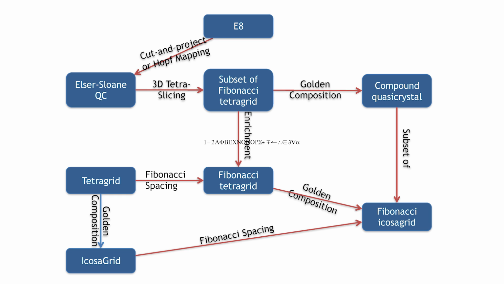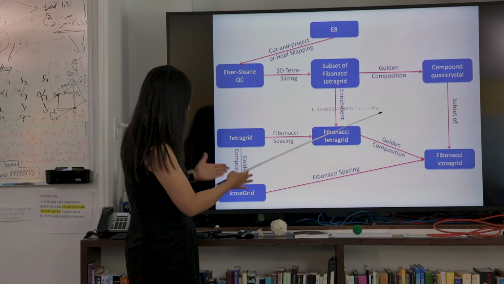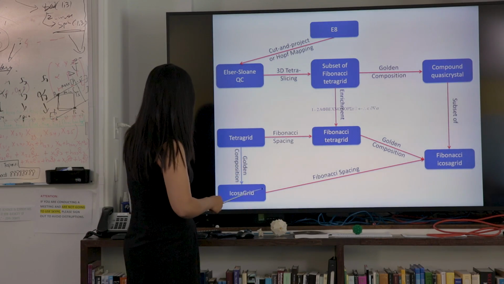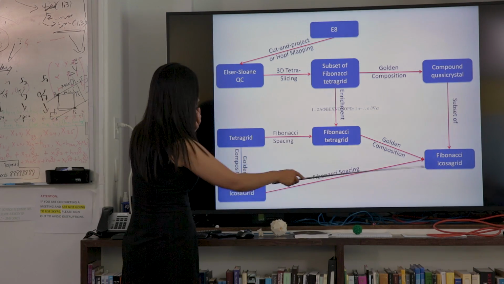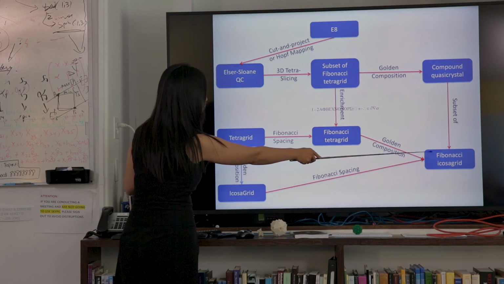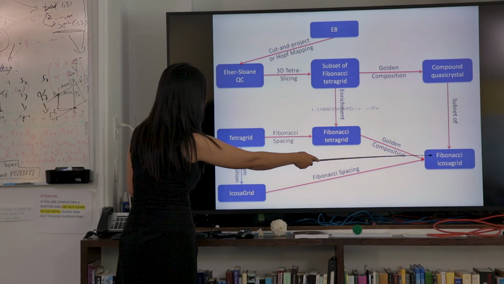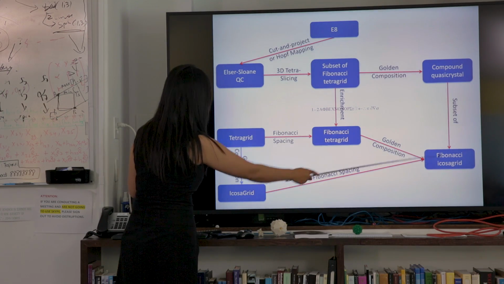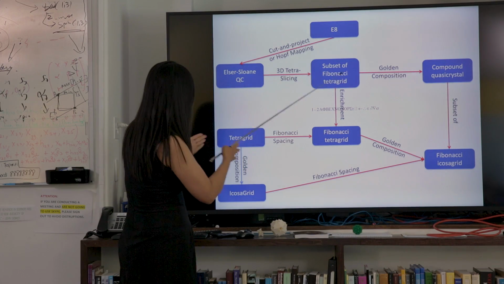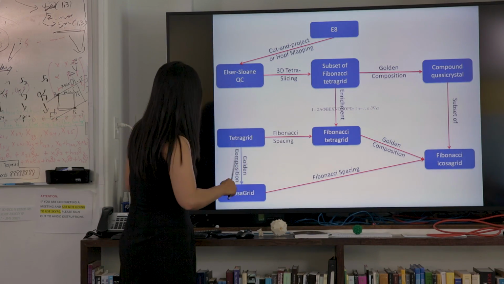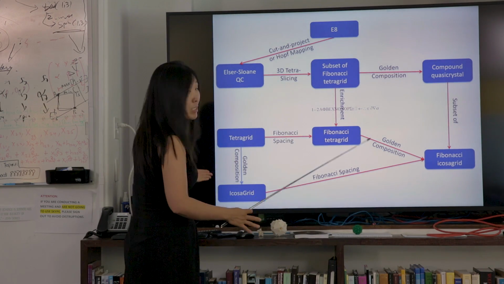We can build an Akasa grid, which is a grid of 10 plane sets equally spaced. Then I use the Fibonacci spacing for this grid, and I get the Fibonacci Akasa grid, which is the QSN. We named it QSN later, but I didn't change it in this slide. Or we can take a tetragrid, which is a parallel 4-plane set, and Fibonacci space that tetragrid.